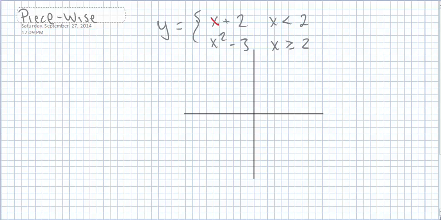So let's start with x plus 2. I'm going to just graph y equals x plus 2. That has a y-intercept of 2 and a slope of 1. So there we go. But this says that I only use x plus 2 when x is less than 2.